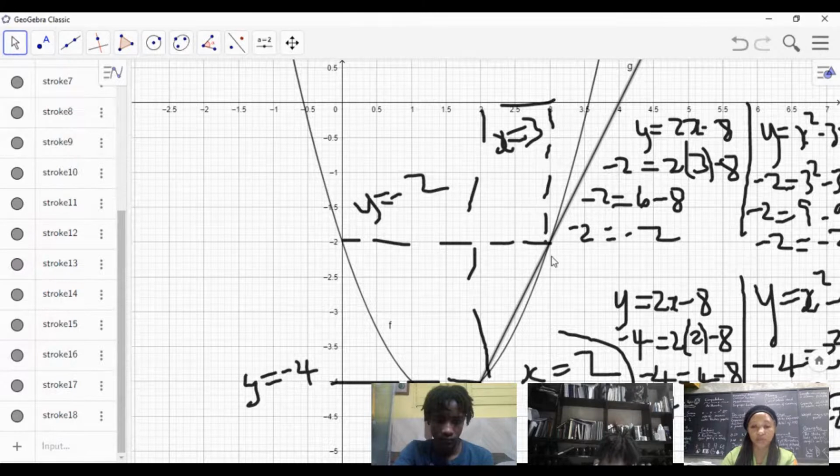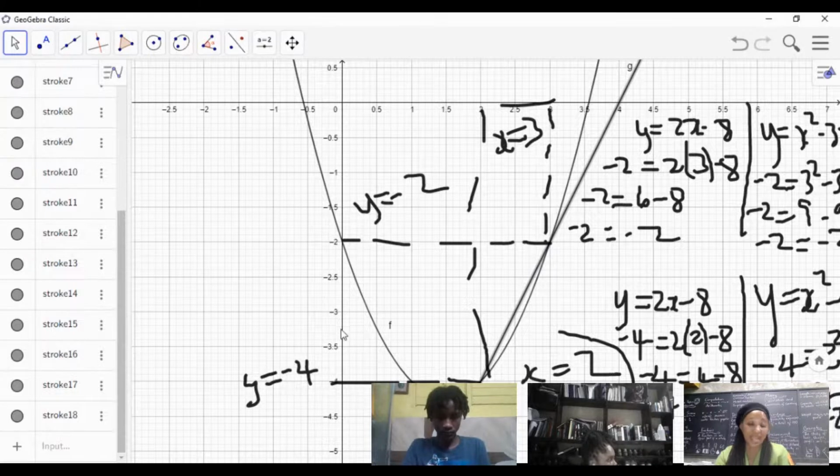You'd use your ruler, straight line up to the x-axis, take your x reading, straight line across to the y-axis, take your y reading for this solution. For the other one, straight up to the x, take your reading, straight across to the y, take your reading. That is the solution.